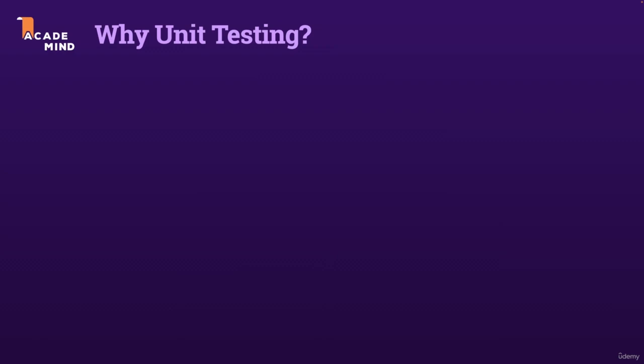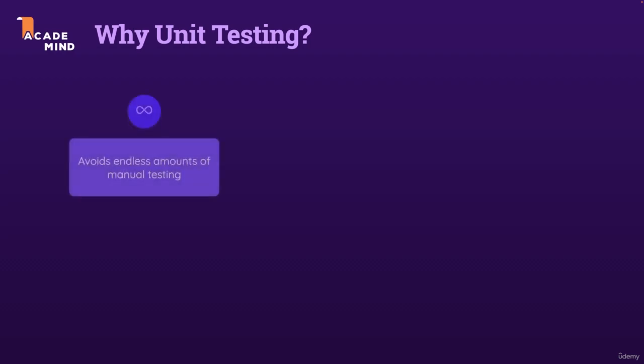Well, if we do, and if we test all these different units, all these different building blocks that make up our application, then we can avoid endless amounts of manual testing, because again, we have all these predefined unit tests, which we can execute whenever we make some important code change. So therefore, we can easily test our entire code base by running some automated tests instead of performing a bunch of manual tests, which of course takes way longer.